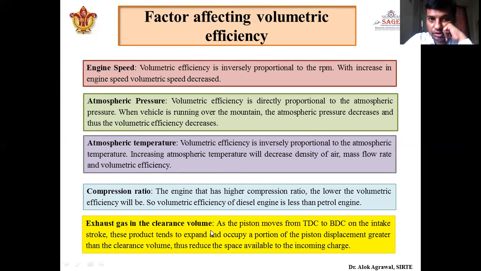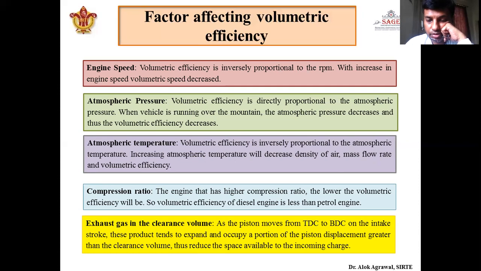Again, a very important parameter on which volumetric efficiency depends is the exhaust gas in the clearance volume. As we have seen, when the piston moves from top dead center to bottom dead center during the suction stroke, the products tend to expand and occupy a portion of the piston displacement, which is greater than the clearance volume. At the end of the exhaust stroke, it is not possible to evacuate the complete exhaust gases from the cylinder, so some remains in the clearance volume.